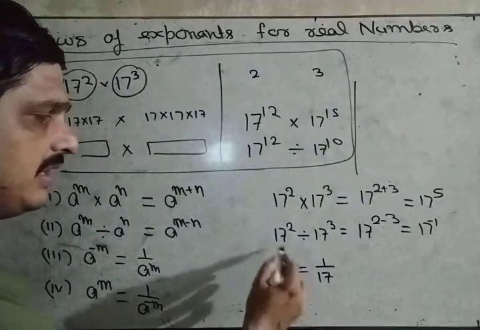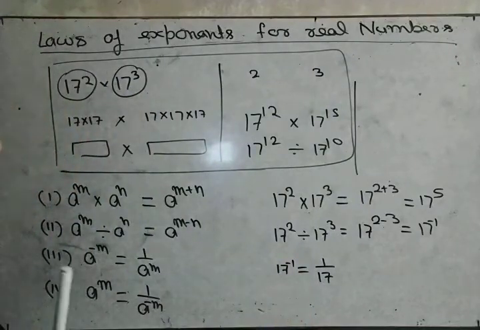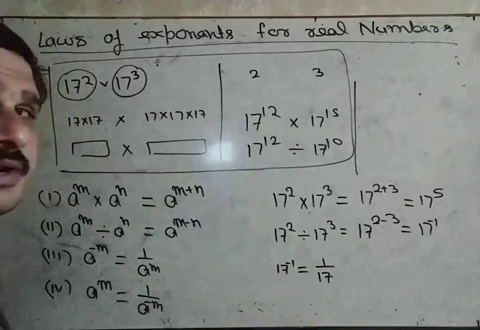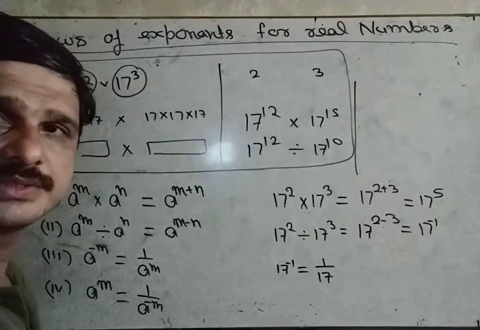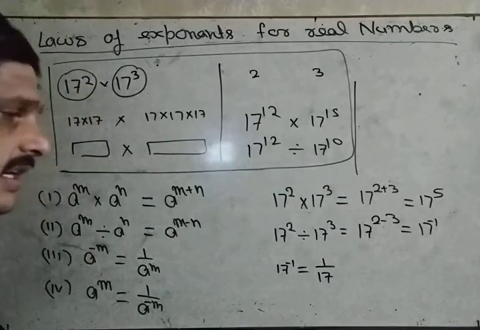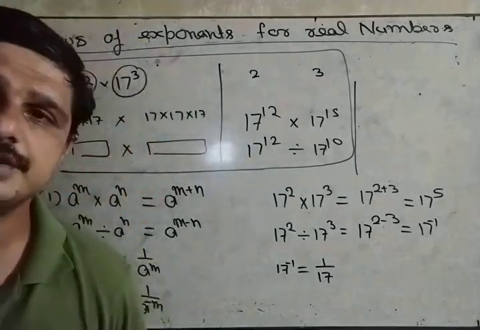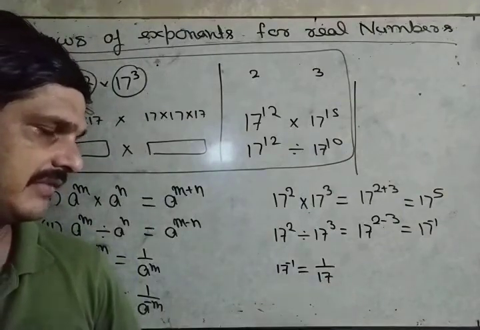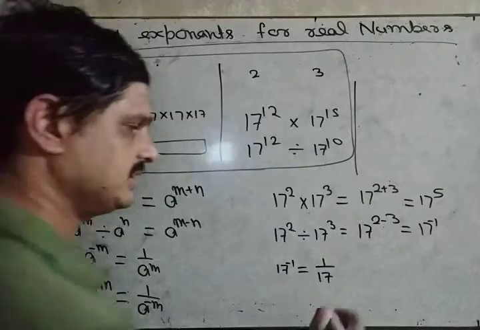When we take any constant from numerator to denominator, its power will change in the sign of its power. If it is positive, then it will become negative, and if it is negative, it will become positive.